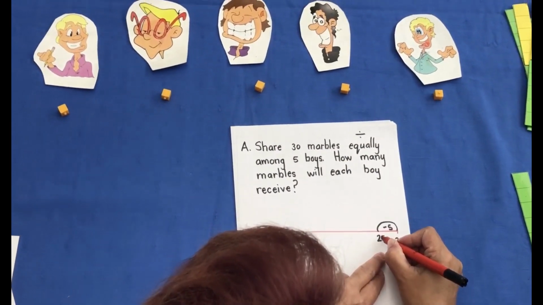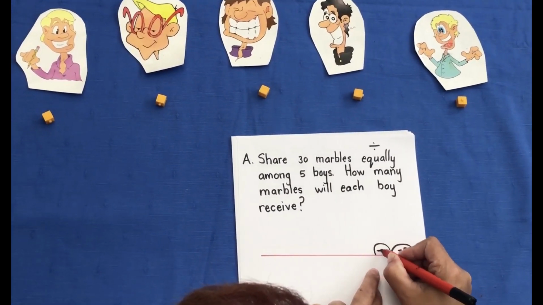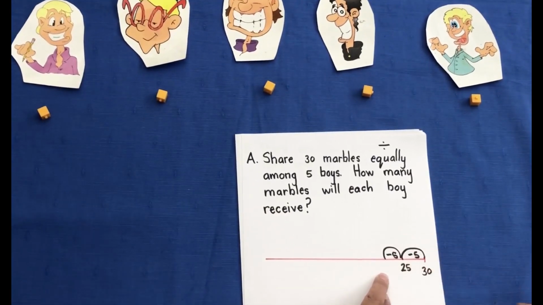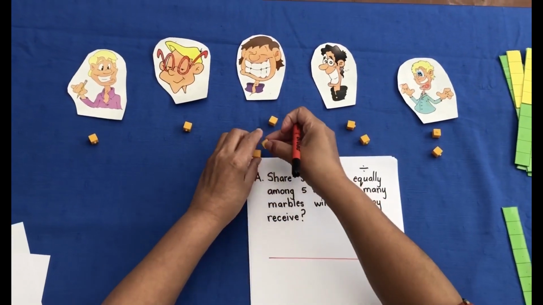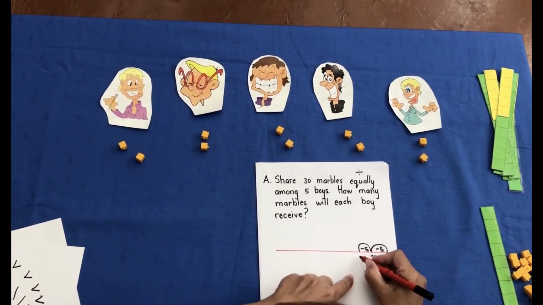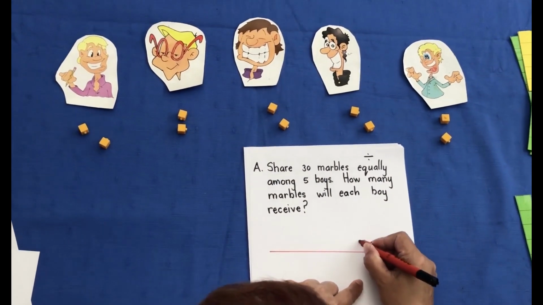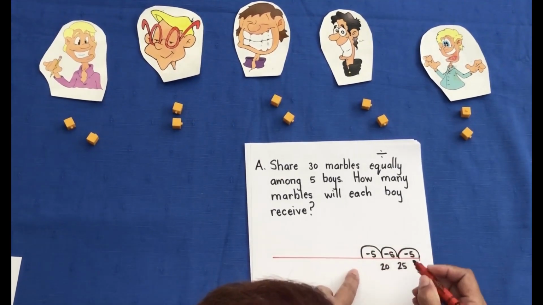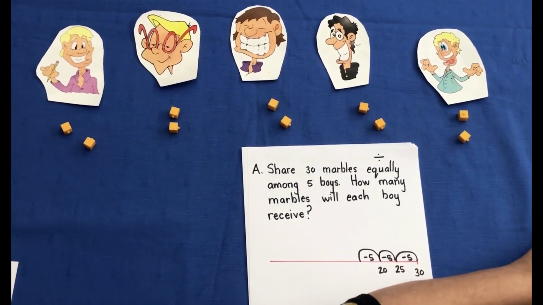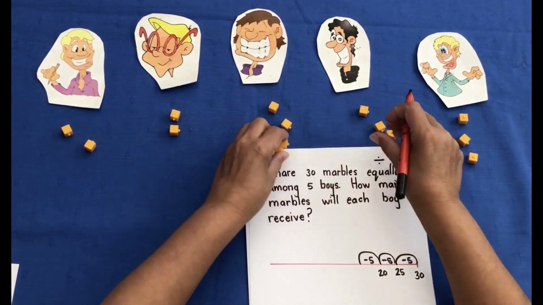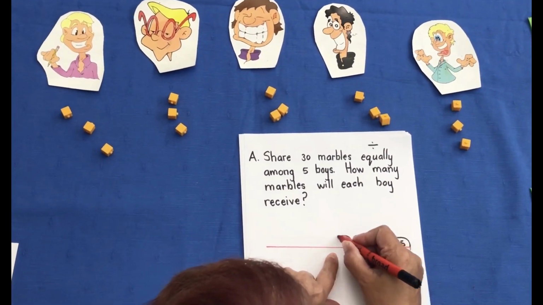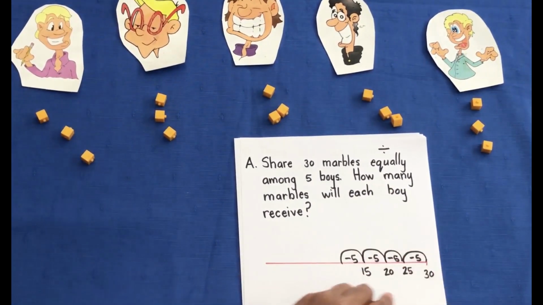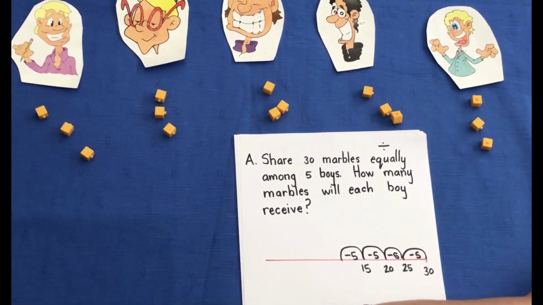I have 25 left. Take away another 5. Give each child 1. I have 20 left. Take away another 5. Give each child 1. I have 15 left. Take away another 5. Give each child 1.